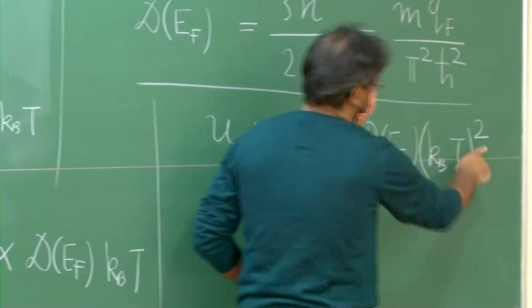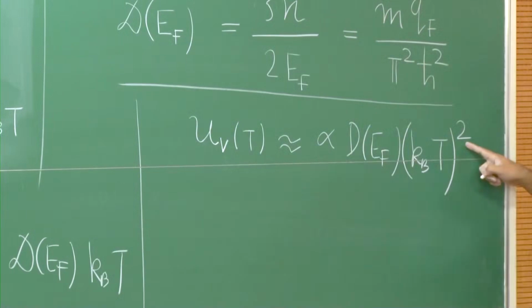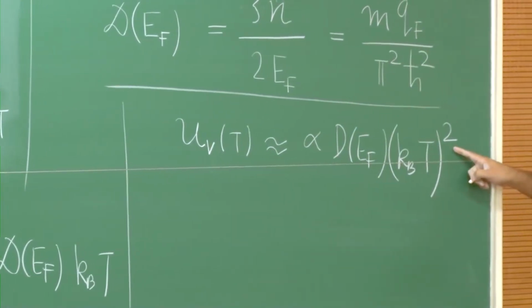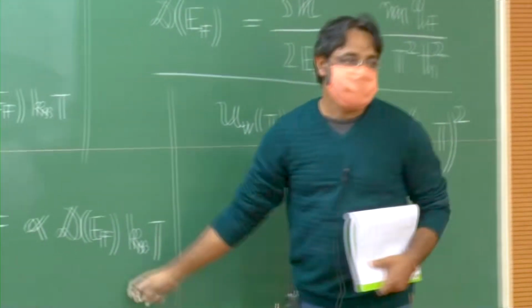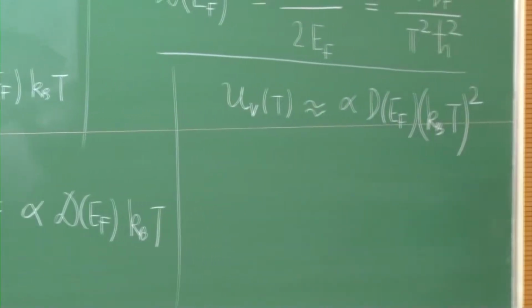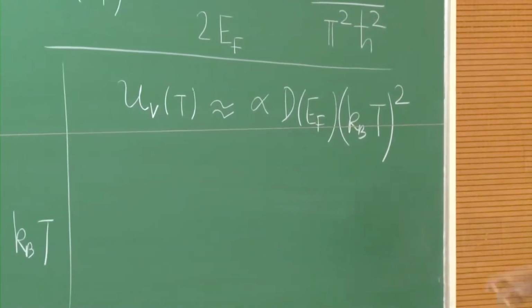You understood why this square term comes here? Because each electron on an average has an energy kBT, and the number of electrons are these many. So, just multiplied, you got the total energy, right, average energy. So, the energy will be of the order of this.